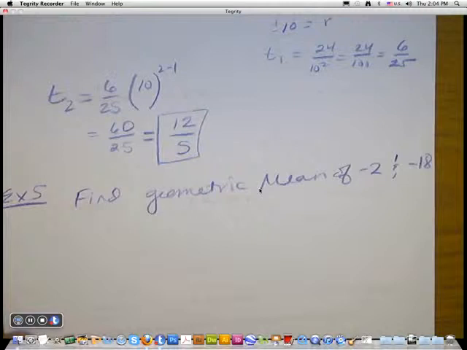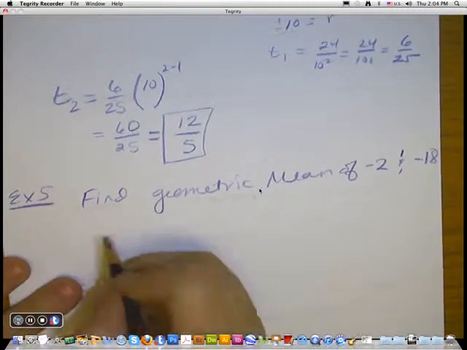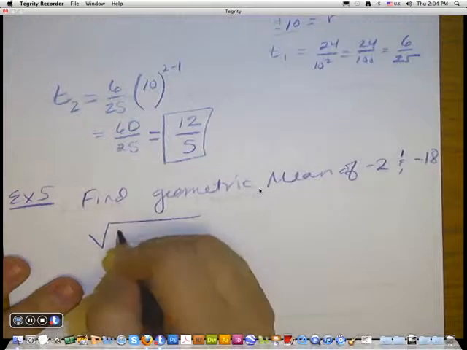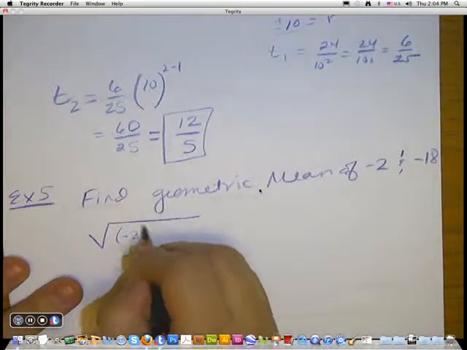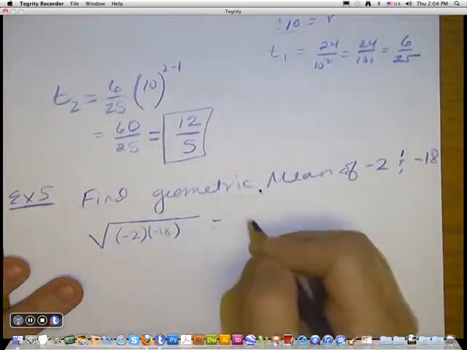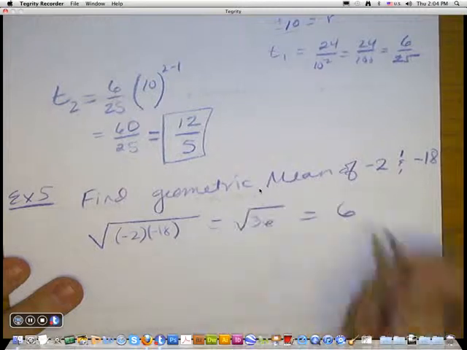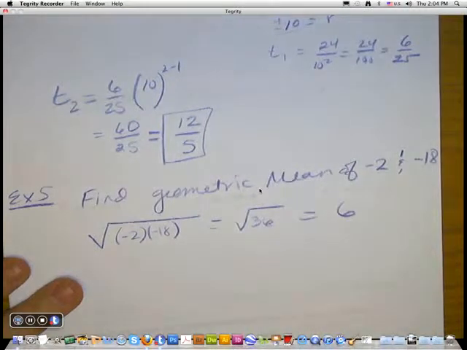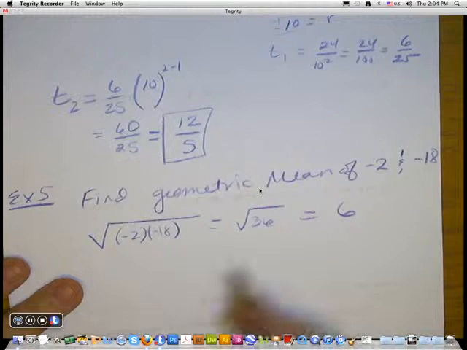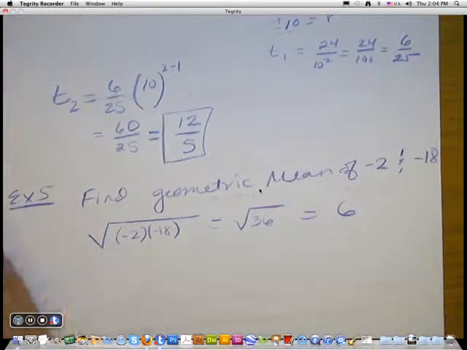All right, so there's the two numbers, -2 and -18. What you do is you take the square root of the two numbers multiplied. That's the geometric mean. That's it. Instead of arithmetic, add the two numbers, divide by 2.